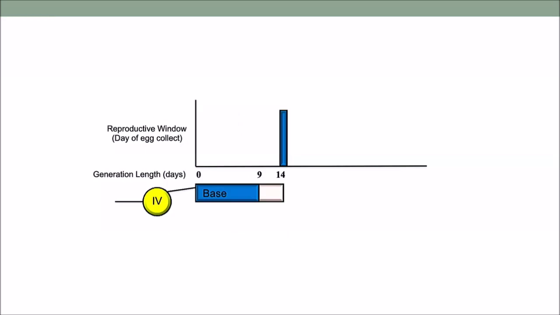In terms of doing this with flies, it's actually relatively easy to move the effective start of reproduction, because flies are often maintained on non-overlapping generation cycles. The baseline populations for this system were maintained on a 14-day generation cycle, so only eggs laid on day 14 are used to found the next generation. If you shift this to a later date, you're effectively shifting the first age of reproduction, because that is the only day that's seen by natural selection.